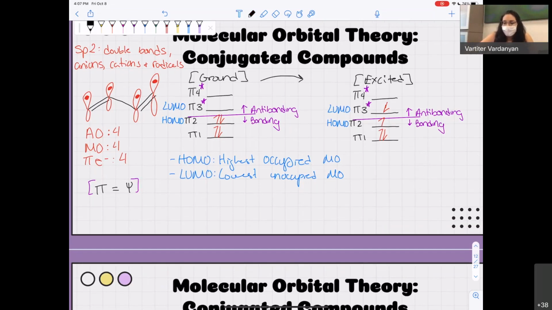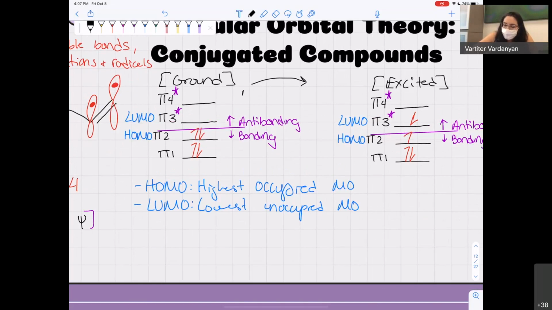Okay. And the last thing I'm going to tell you about this, and I did the star again. Gosh darn it. I need you guys to know that when something gets excited, the electron jumps from HOMO to LUMO.